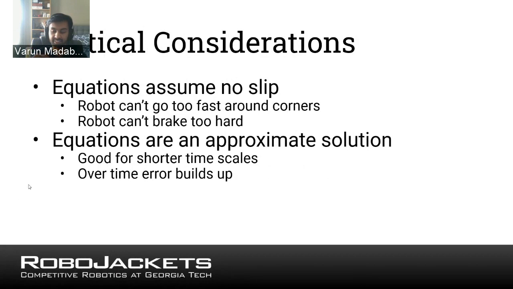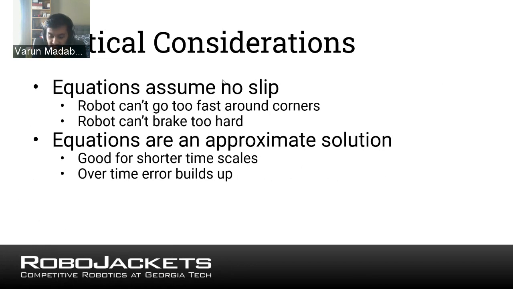So in reality, it's not so straightforward. The equations are what we call kinematic equations. They don't take into account things like forces, like friction, slip of the wheels on the ground, and so forth. In fact, they assume that the wheels are perfectly in contact with the ground always.